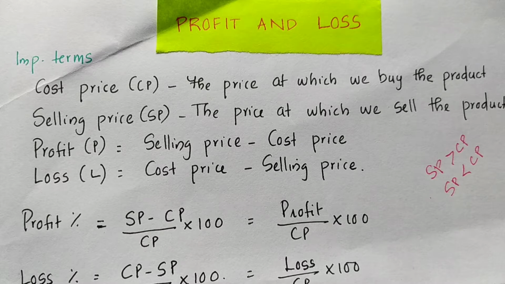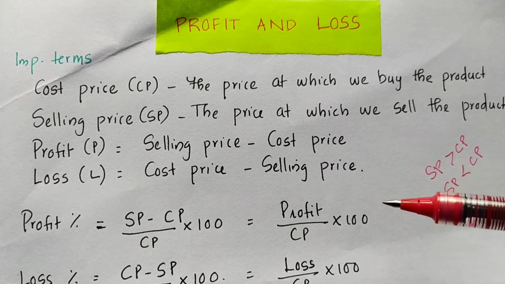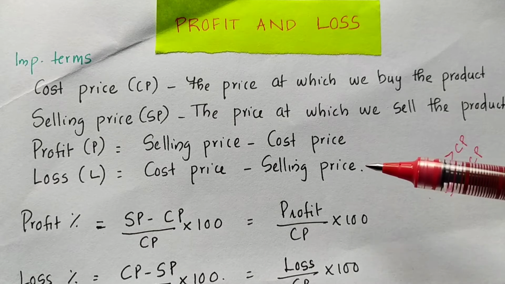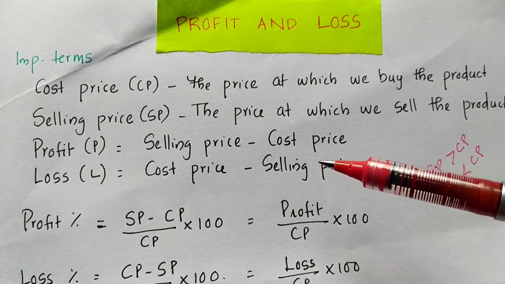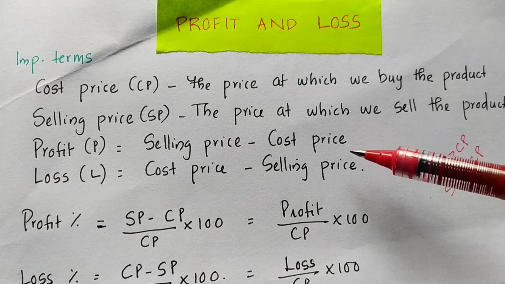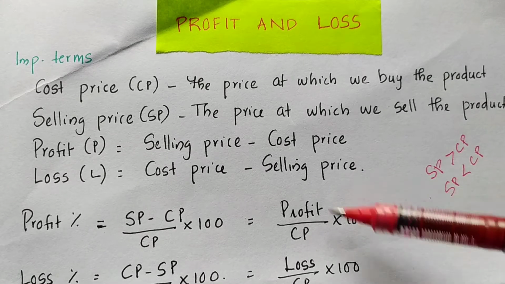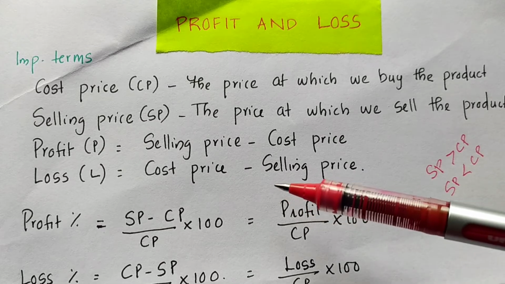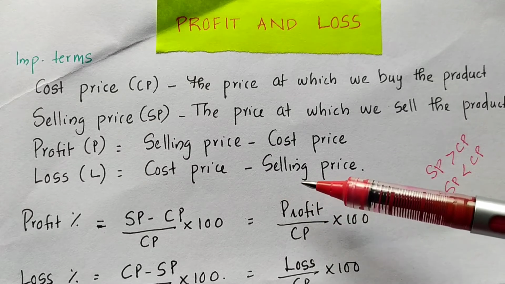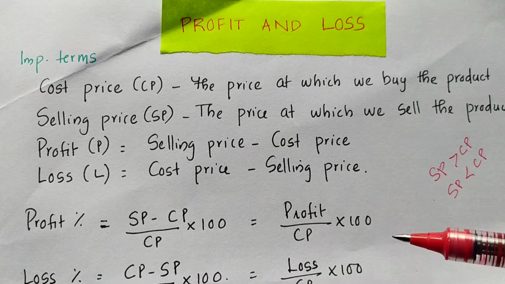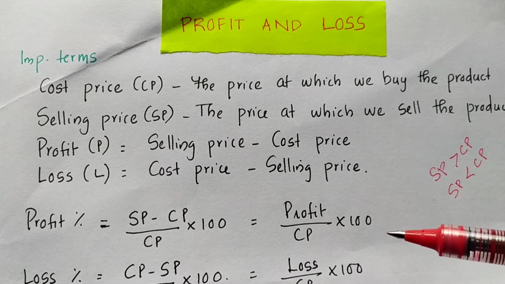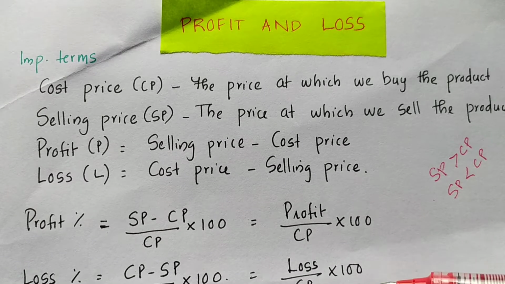So profit and loss are difference between selling price and the cost price. If selling price is more, we will get the profit. Formula for profit is selling price minus cost price. And if our cost price is greater than selling price, we will have a loss, and the loss is equal to cost price minus selling price. Next we will see how to calculate profit percentage and loss percentage.